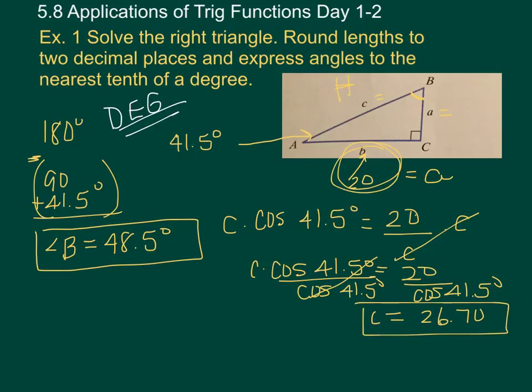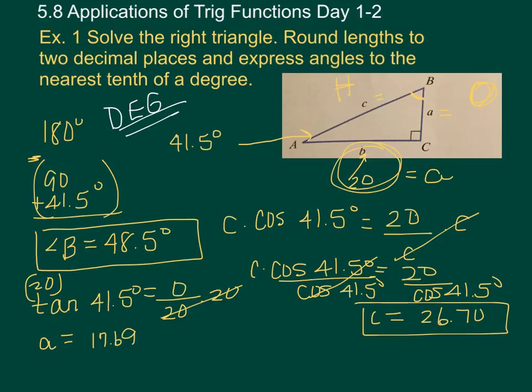And my last side that I'm going to find is A. If you notice, A is opposite and 20 is adjacent, so I'm going to use tangent equals opposite over adjacent. Multiply both sides by 20. Put that in your calculator and you're going to get little a is 17.69 units.